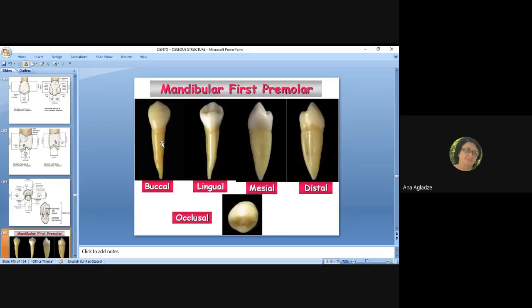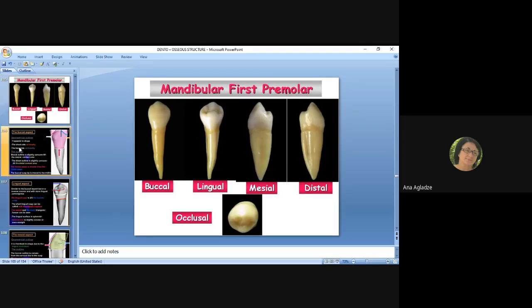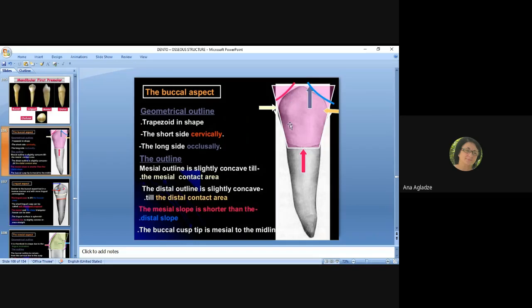Then the mandibular first premolar, let's describe. This is the mandibular first premolar.